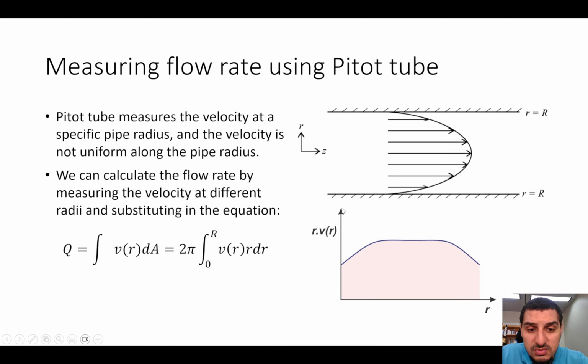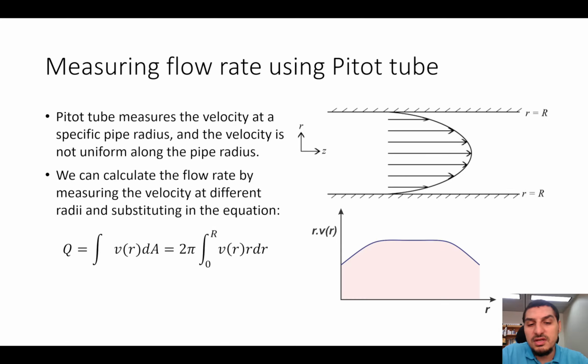If you draw a relation between r v(r), which is on the y-axis, and r on the x-axis, then the area under this curve is going to be the value of the integration from 0 to R. So this is what we do in the case of the pitot tube, that we can calculate the volumetric flow rate by graphical integration.